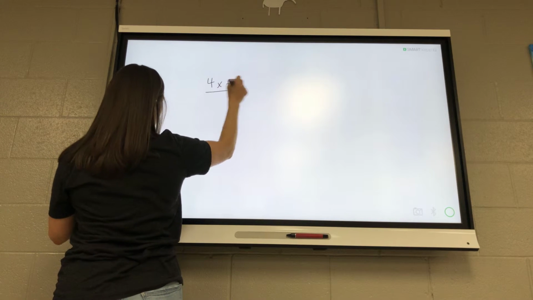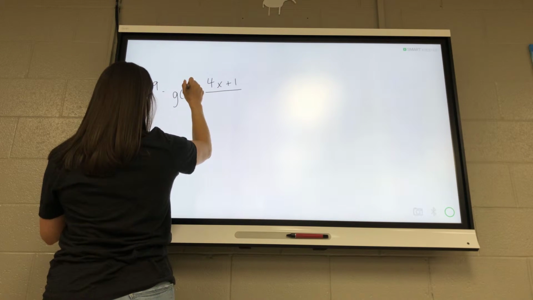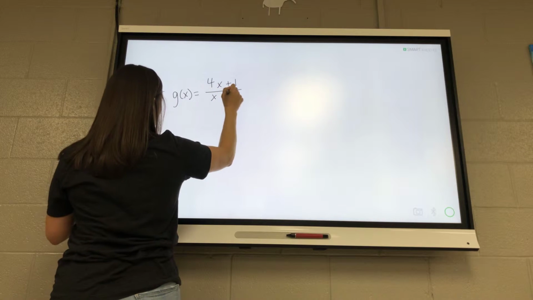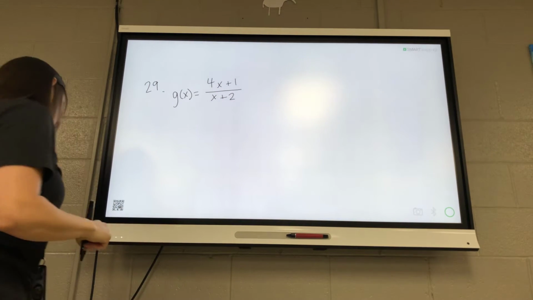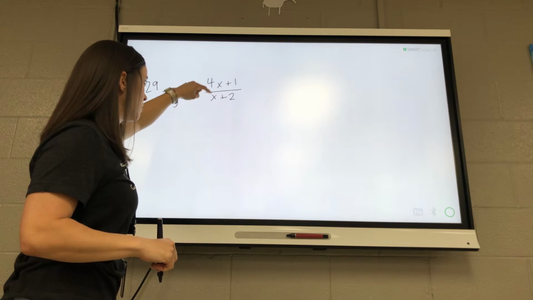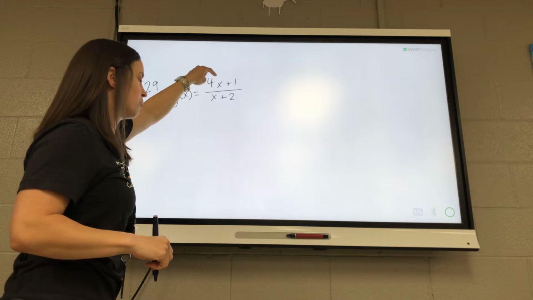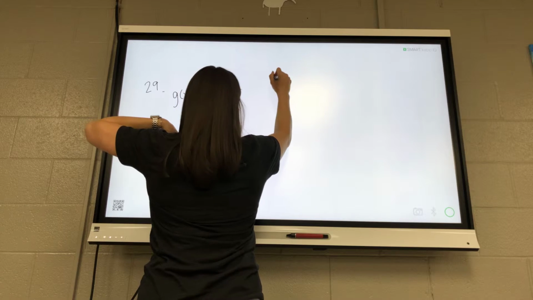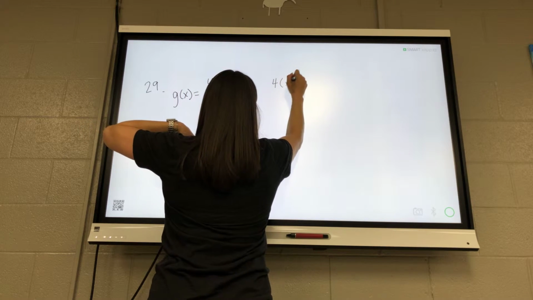What's the denominator? X plus 2. Alright, so what they're asking us to do here is, we're rewriting this, we're gonna take that denominator and put it into our x in our numerator. So we would have 4x plus 2.